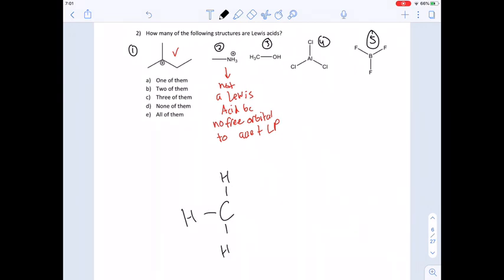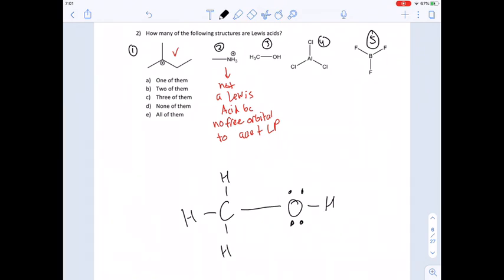Okay. So now we can look at number 3. On this side, we have a CH3 bonded to an OH. Again, as we can see, there's no free orbitals anywhere for anything to accept electrons.